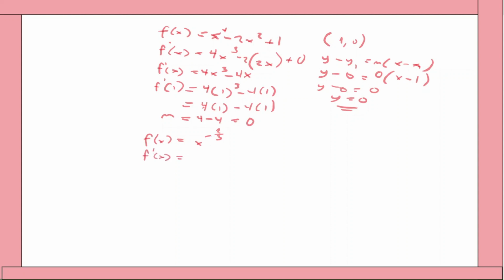So we just bring this down, so negative 2/3 x. If we subtract 1, which would be 3/3, we'll get negative 5/3, and that would be perfectly fine for an answer.